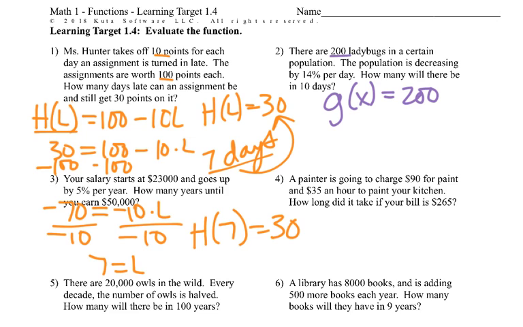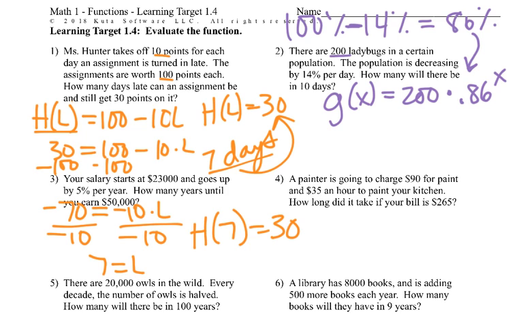So it's decreasing by 14% per day, which means every day we subtract 14% from our starting number of 100%, which means we have 86% left. So mathematically speaking, when we change that to a decimal, we're multiplying by 0.86 to the x.